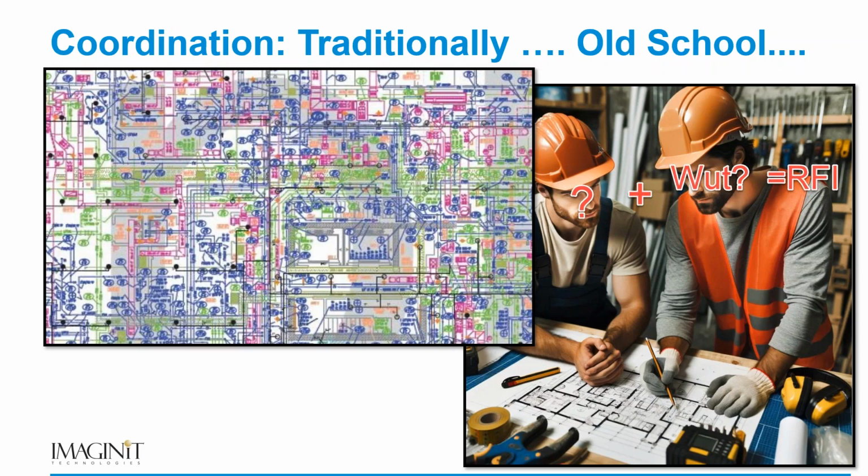So traditionally, we have had to do coordination one way or another, right? It's not as though we can go in and just start building and putting things together and expect that there's going to be success at the end of the day. So if you've seen documents such as the one here on the left, this is essentially a coordination of all of the trades in a 2D world.